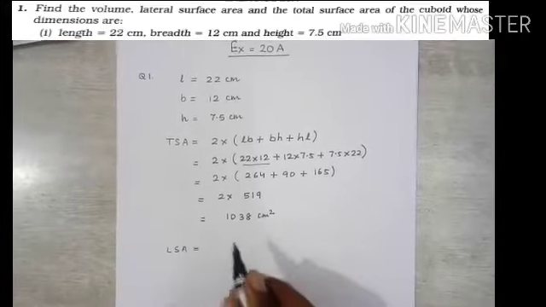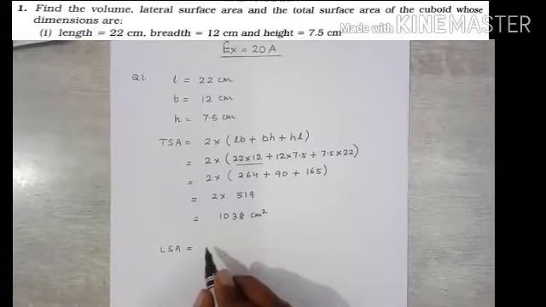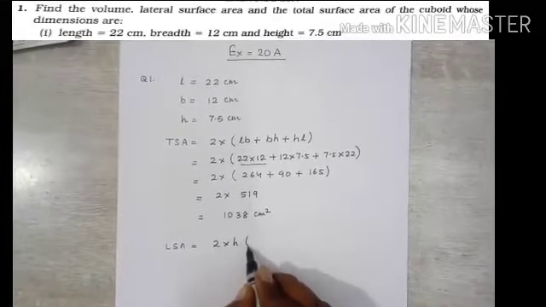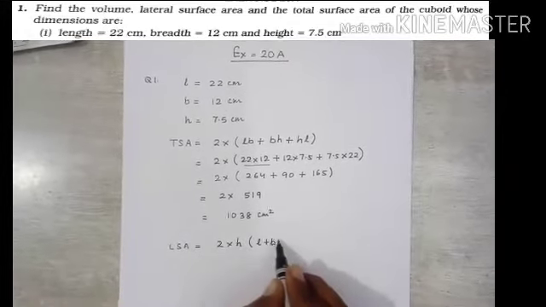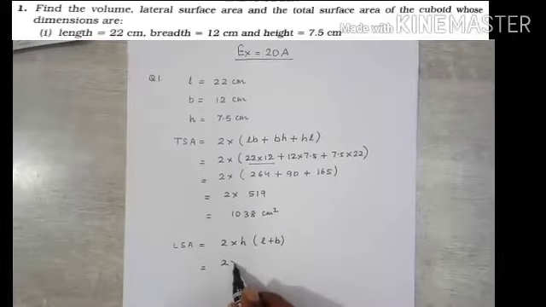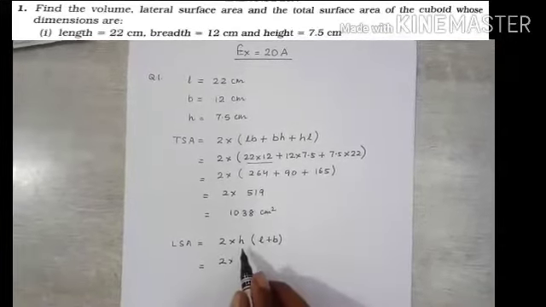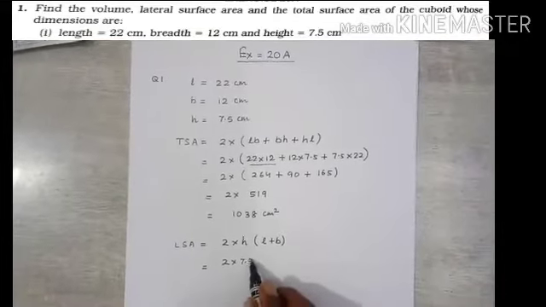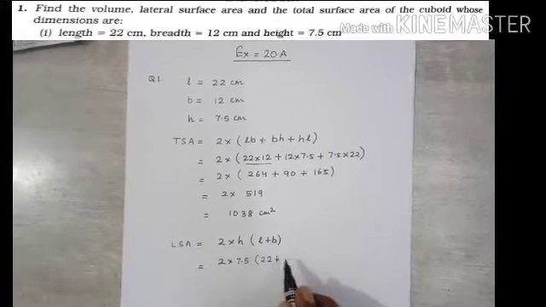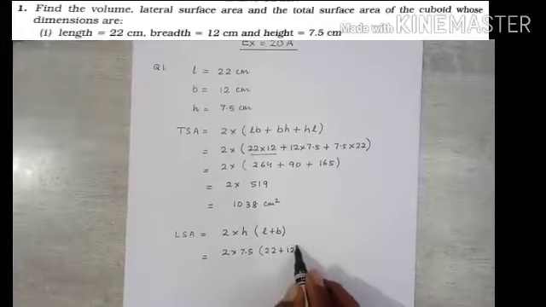LSA, the formula of lateral surface area of a cuboid is 2 into H bracket L plus B. Now we put the values of L, B and H. Value of H equals 7.5, value of L equals 22, value of B equals 12.